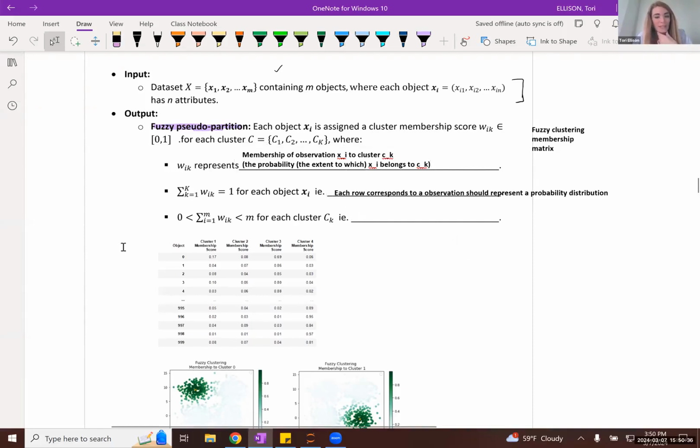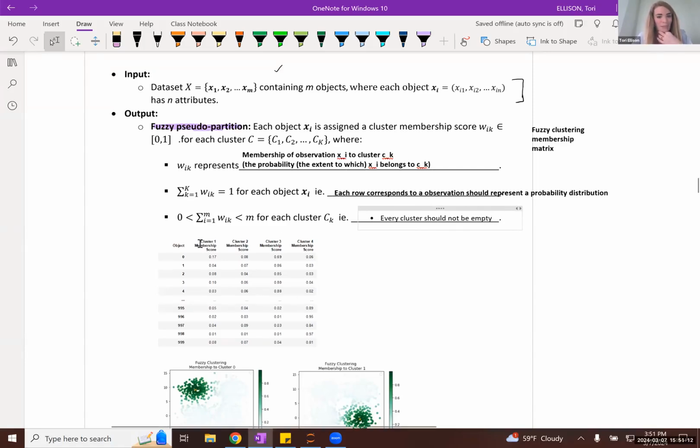Now, we have an additional set of stipulations for our membership score values. One thing we stipulate is that if we sum the values in a cluster membership score column, the sum should be greater than 0. What that means is that every cluster should not be empty.